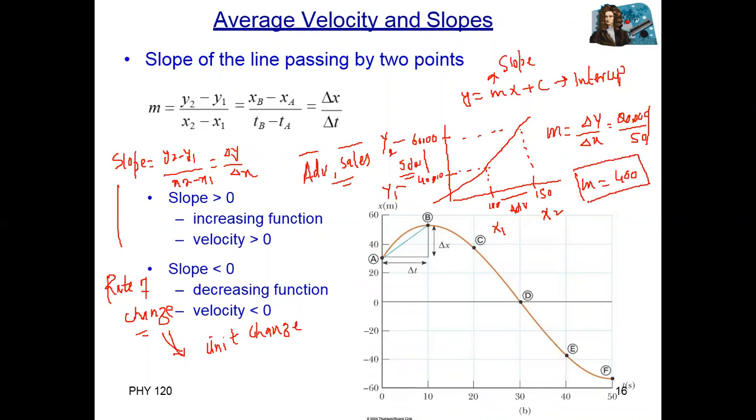So this is actually the rate of change. This is the relationship. This 400 means that when you spend $1 on advertisement, sales will change by $400. Additional unit change: when you spend $1 more on advertisement, your sales will increase by $400.